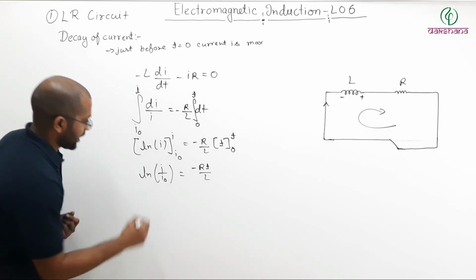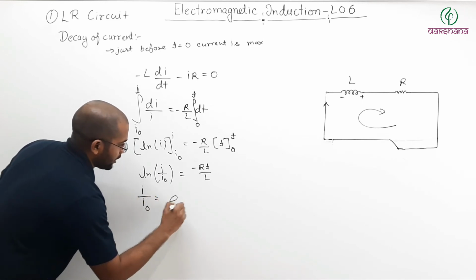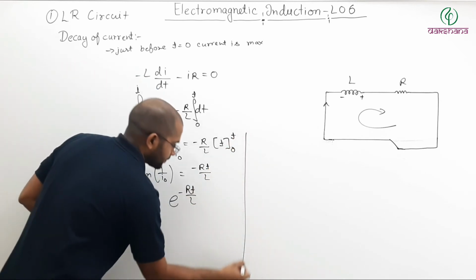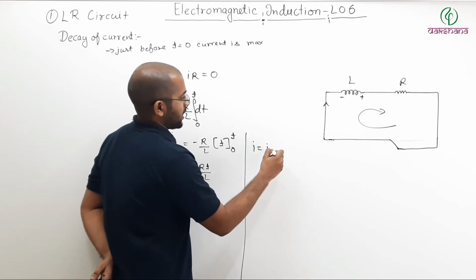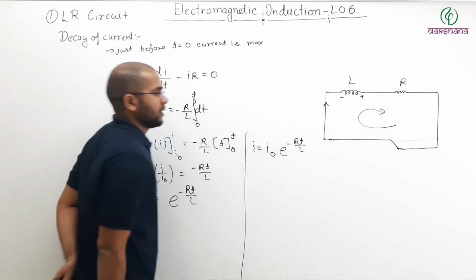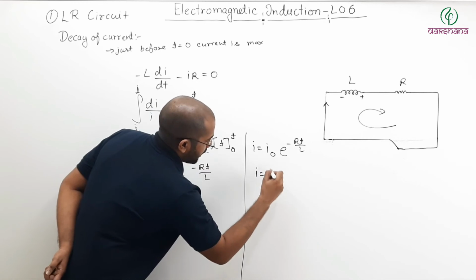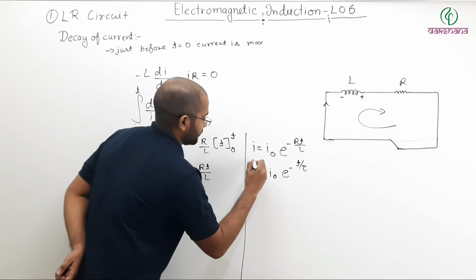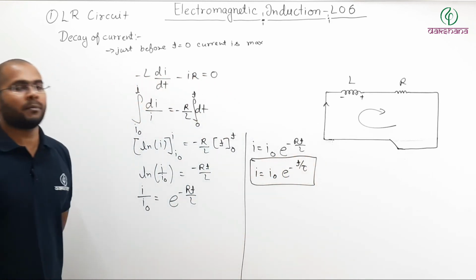This can also be written as I divided by I naught equals e to the power minus R t by L. That is, I equals I naught e to the power minus R t by L. You can also write it as I equals I naught e to the power minus t divided by tau, where I naught is the maximum current.